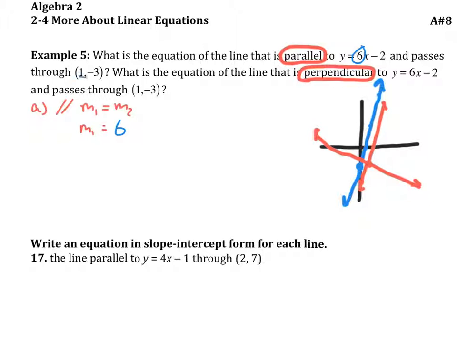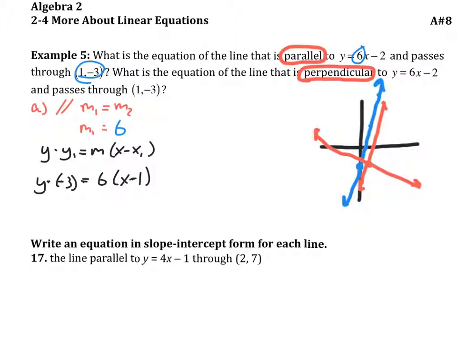Now, we are given also a point, and that is very helpful. Since I am given the slope 6 and the point 1, negative 3, I now can use point slope form. Just to get myself memorized, I'm going to write point slope form down, and then substitute: y minus my negative 3 equals my slope, which I discovered was 6, times x minus 1.